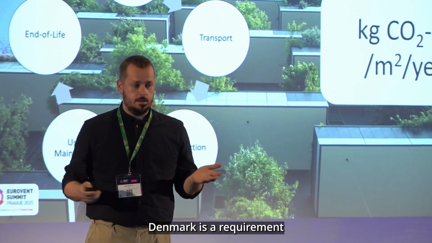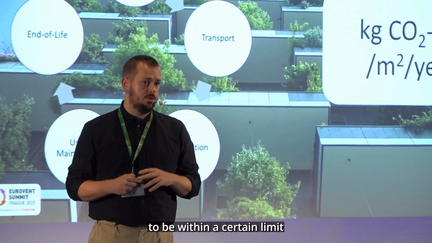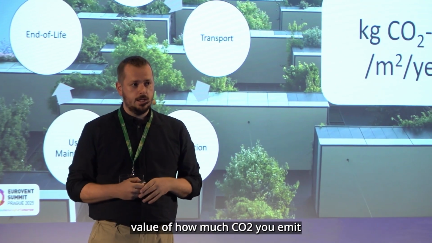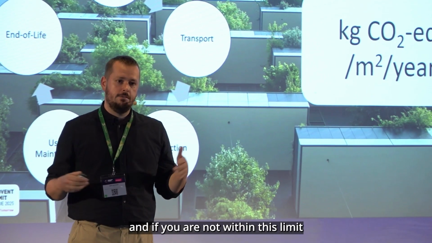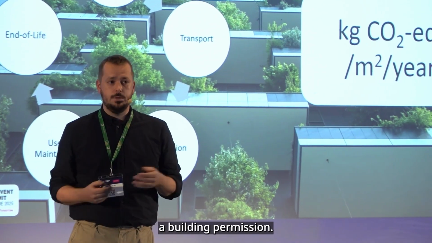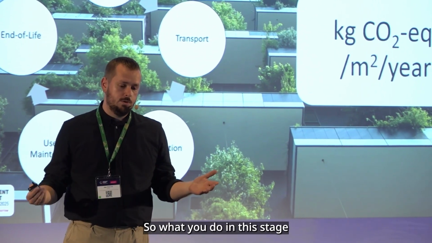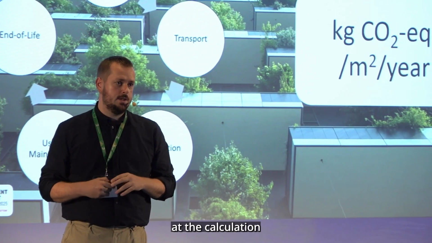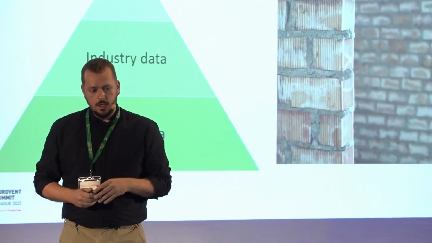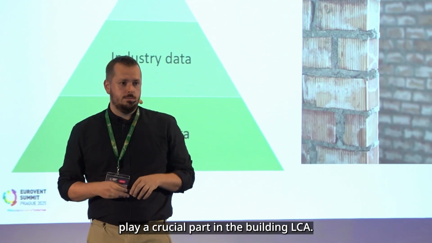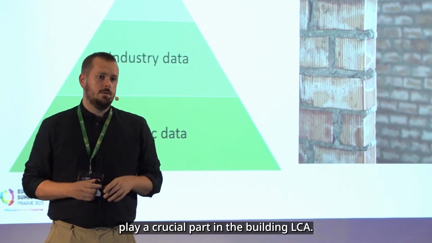What we have now in Denmark is a requirement to be within a certain limit value of how much CO2 you emit over the course of your building. And if you are not within these limit values, you do not get a building permission. So what you do in this stage at the calculation and what the EPDs supply can be very crucial. And the EPDs play a crucial part in the building LCA.